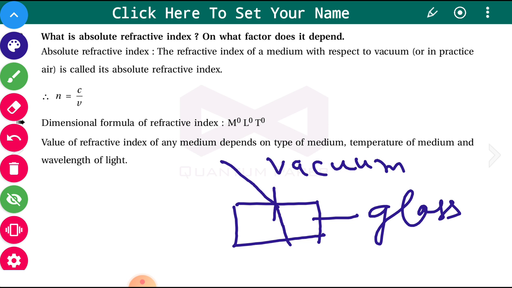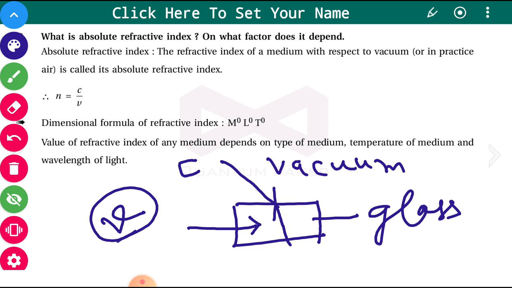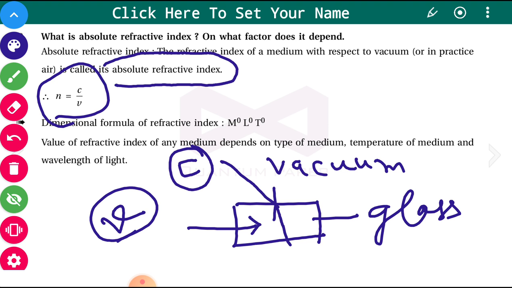Now the speed of light in vacuum is c, and the speed of light in this glass medium is v, and this speed is less than the speed in vacuum. The ratio of c to v, that is the speed of light in vacuum to the speed of light in a particular medium, is known as the absolute refractive index of the medium.